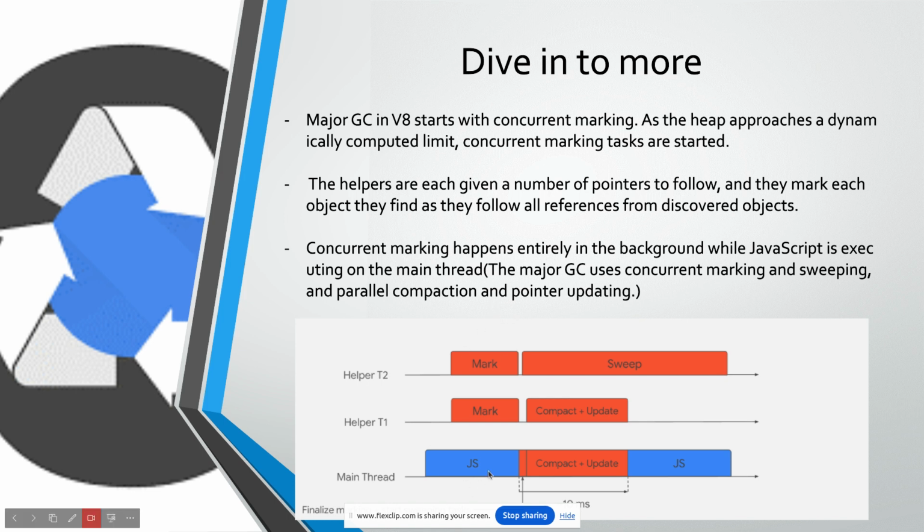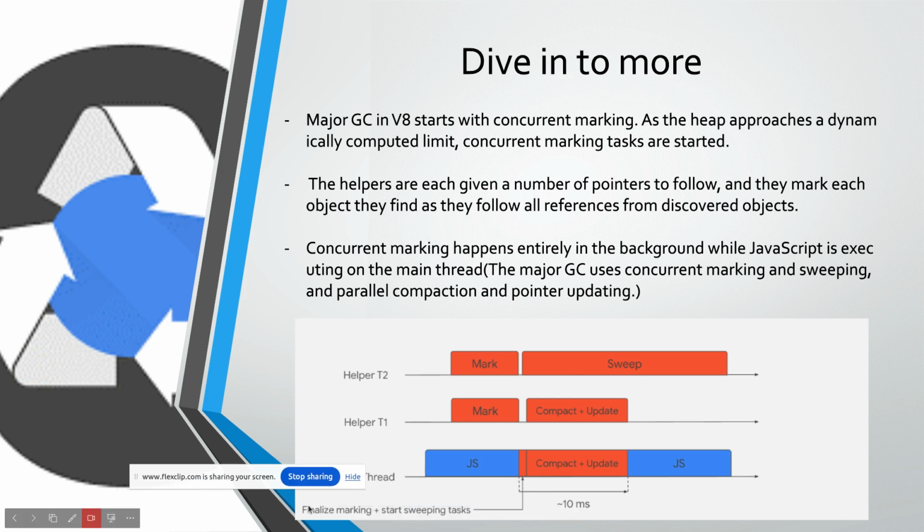To make sure, it finalizes marking, and if there are still objects, it starts the sweeping task. This blocks the main thread, so if it takes so long, of course it's called jank.